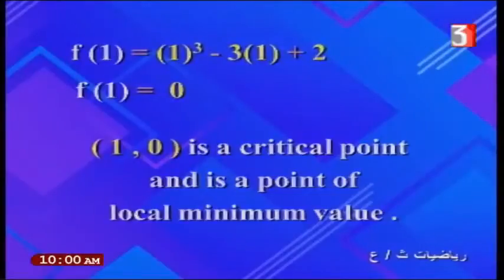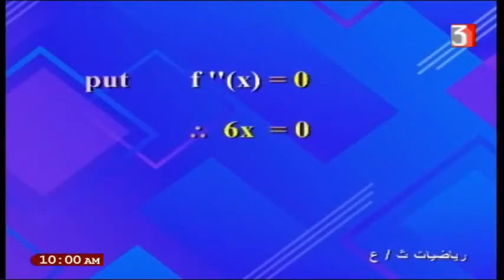Now we discuss the convexity of the curve. We put f double dash x equals 0, then 6x equals 0. Dividing both sides by 6, then x equals 0. We have two intervals, from negative infinity to 0 and from 0 to infinity.